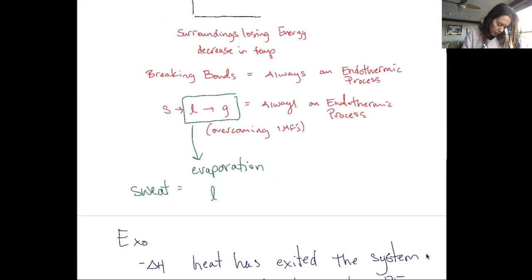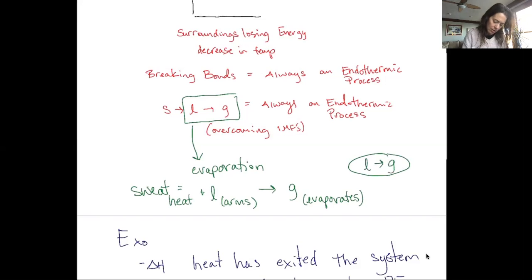The liquid on your arms turns into a gas and it evaporates, and in the process, this absorbs heat. Where does the heat come from? The system is the liquid turning into the gas.